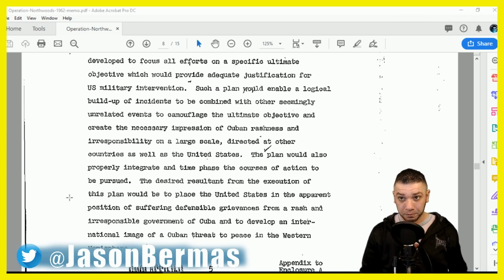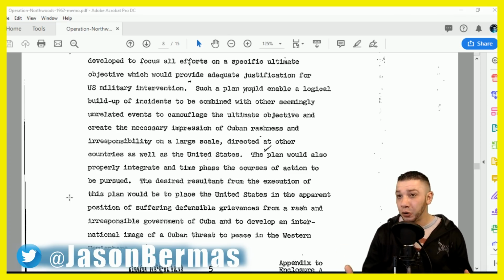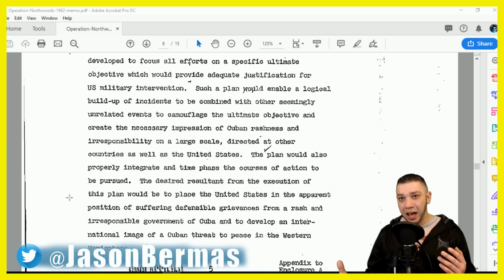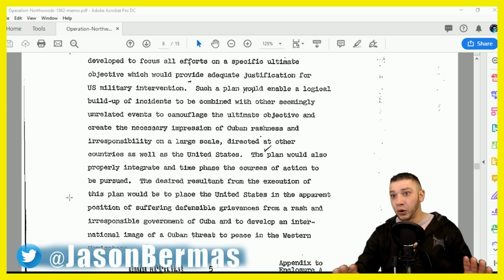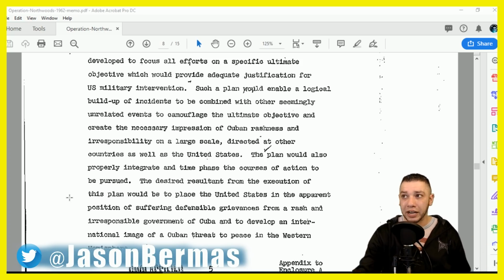Notice that also. They're always talking about building coalitions, guys. So now, seemingly unrelated events are going to camouflage this ultimate objective to bamboozle the public into U.S. intervention in Cuba. All right?